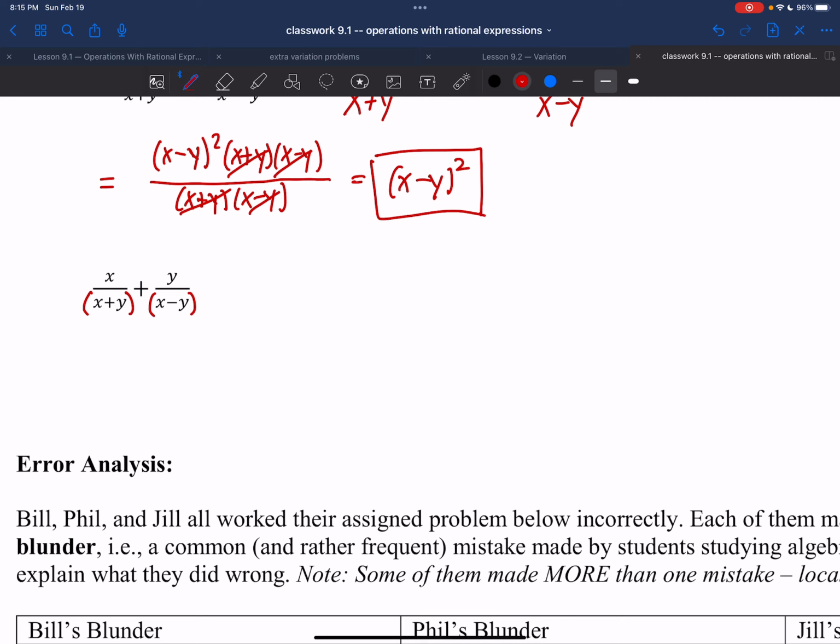You can't think, oh, well, they both have x's, so one just needs a positive y and the other just needs a negative y. No, you can't do that, okay? You have to view that as a single expression being added together. So the way I do this is I take x over x plus y times x minus y over x minus y. I'm talking like the Khan Academy guy.